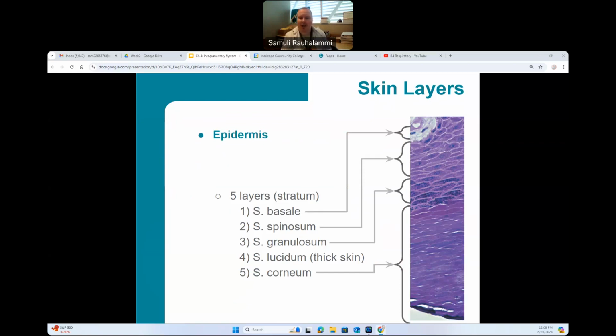Eventually, what we see on the outermost layers is that we have just dead cells at the stratum corneum. You can consider these a little bit like shingles forming the outer layer or outermost boundary of the skin. And one thing to notice from this picture is that the stratum lucidum is found only on thick hairless skin, so it's not represented on this particular sample that I have on the screen.